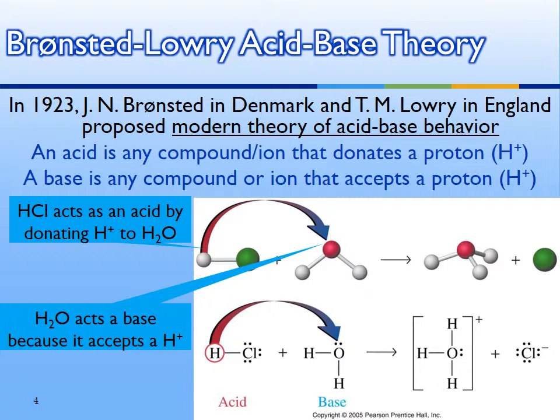And on the other hand, water acts as a base because it accepts the hydrogen ion, and then becomes the hydronium ion. Please know that the hydronium ion and the hydrogen ion are the same thing.